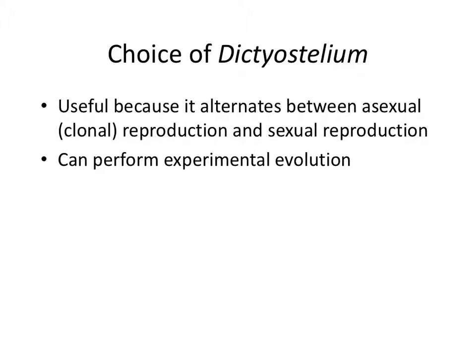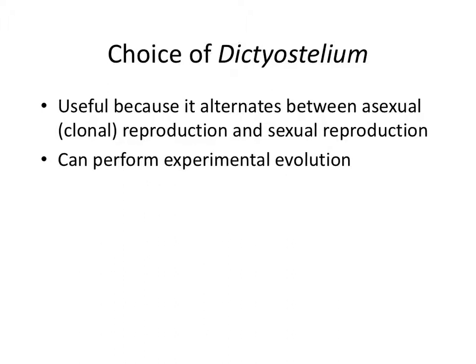And the reason that finally we can get some answers to the question of what happens when cheating forms is, the authors reason anyway, we'll see if it's true, that this might be a great system for studying cheating, because these organisms can live both as individuals and as multicellular organisms.